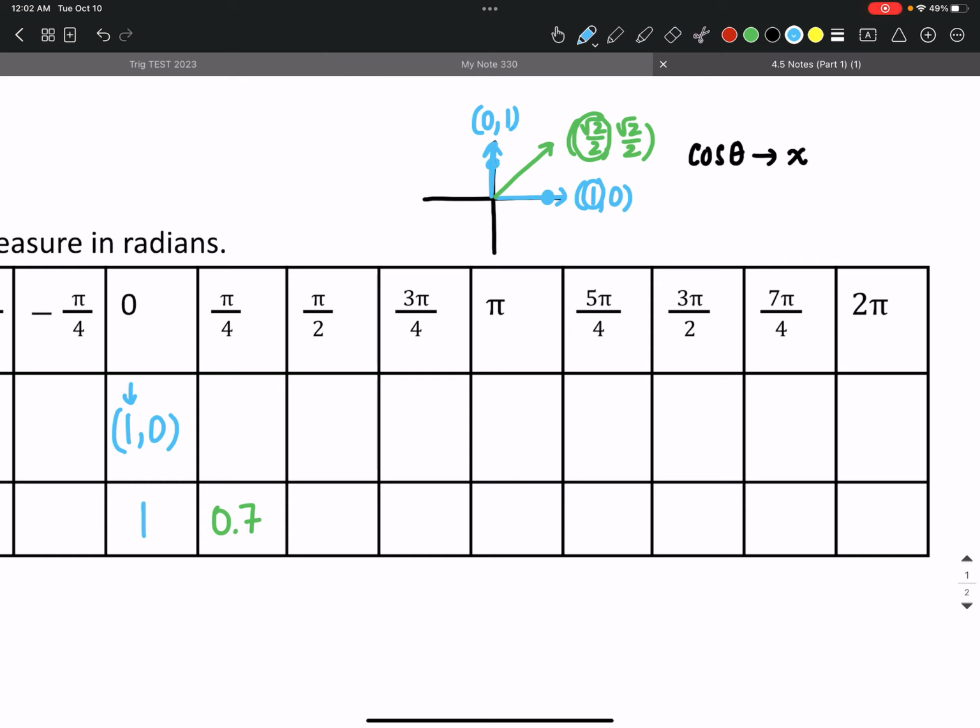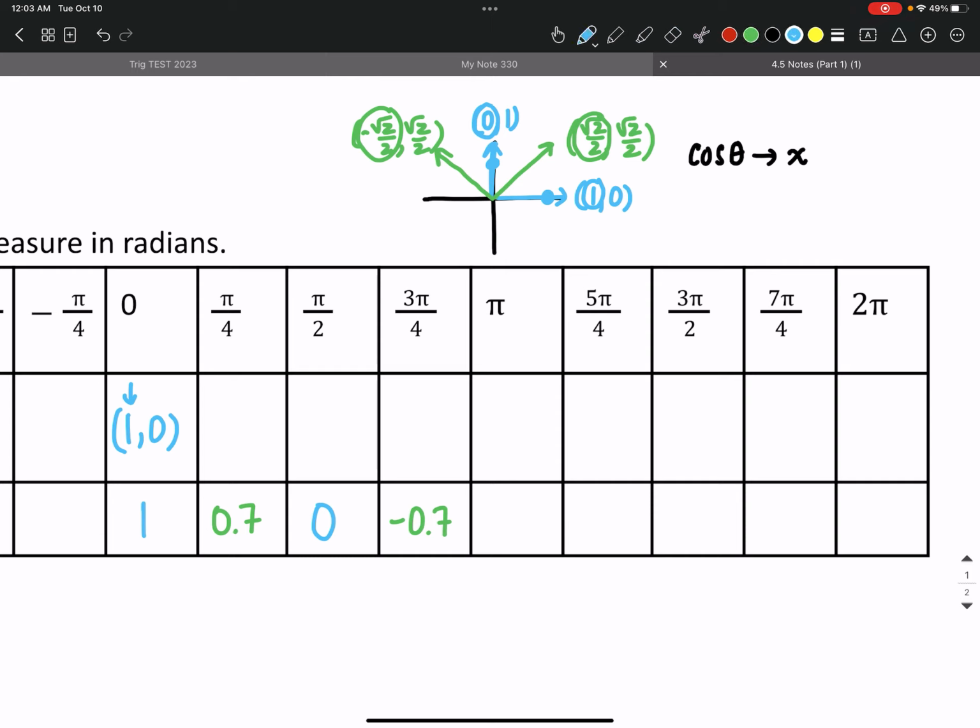I know that the x value there is 0, so my answer would be 0 for y if I did cosine of pi over 2. And if I did cosine of 3 pi over 4, I would be looking at this point for the x value. It's (negative square root of 2 over 2, square root of 2 over 2), so the x value is negative square root of 2 over 2, or negative 0.7.